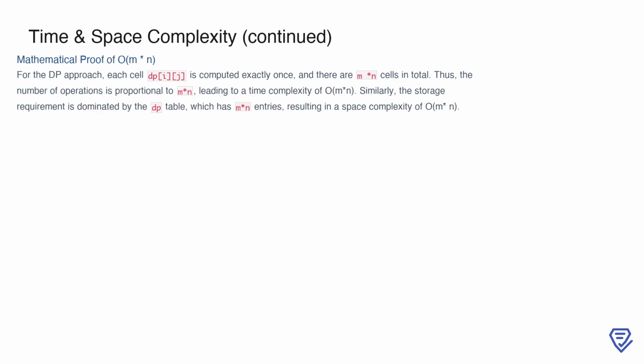The mathematical reasoning for the O(m*n) time complexity in the dynamic programming approach is straightforward. Each cell in the table, dp[i][j], is computed exactly once, and there are m*n cells in total. As a result, the number of operations is directly proportional to the size of the table, confirming a time complexity of O(m*n).